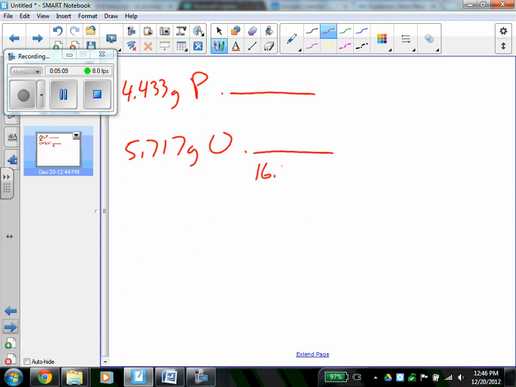So oxygen is 16.00 grams of oxygen to 1 mole. And phosphorus, I have to look that up, is 30.97.